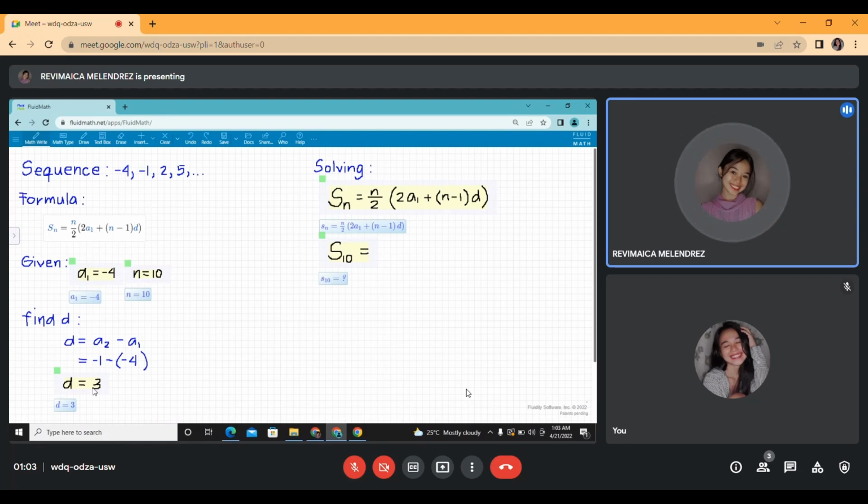So let us proceed now in solving the problem. The first thing we need to do is substitution. Let us substitute the value for n, a sub 1, and the value of our common difference.